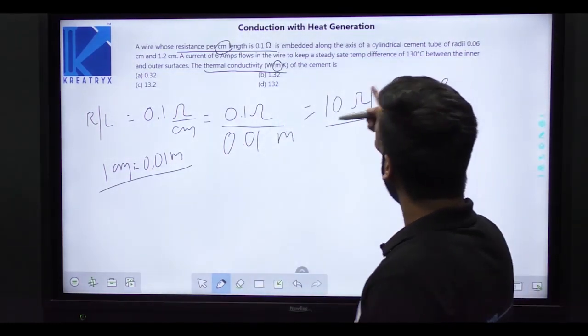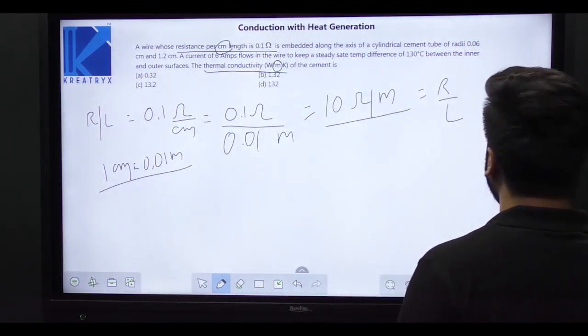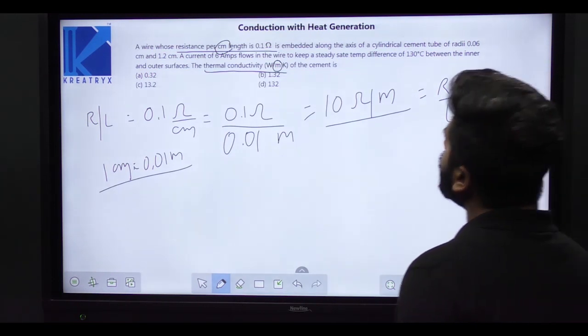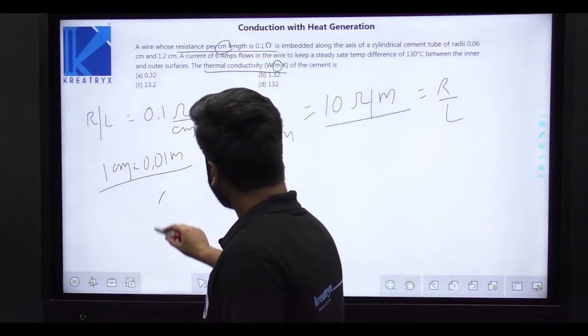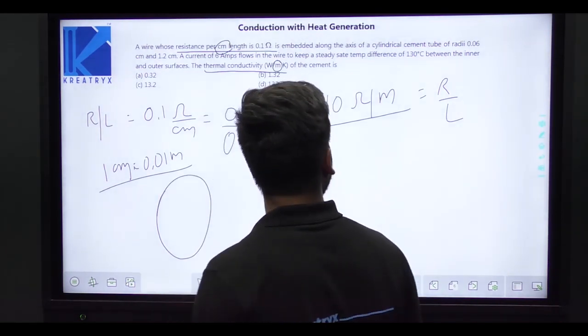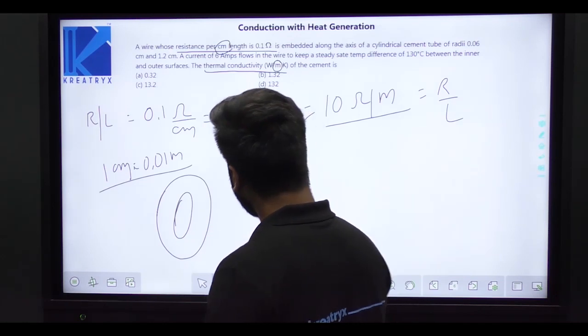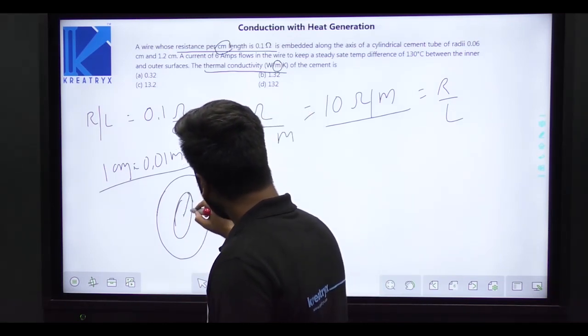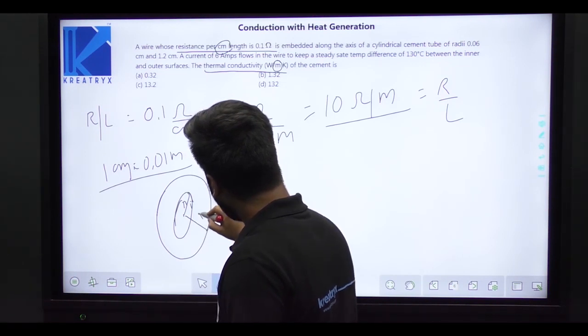The wire is embedded along the axis of a cylindrical cement tube of radii 0.06 centimeter and 1.2 centimeter. So the outer radius of this cement tube is 1.2 centimeter, and the inner radius is also given. Let this be Ri, and this is R naught.